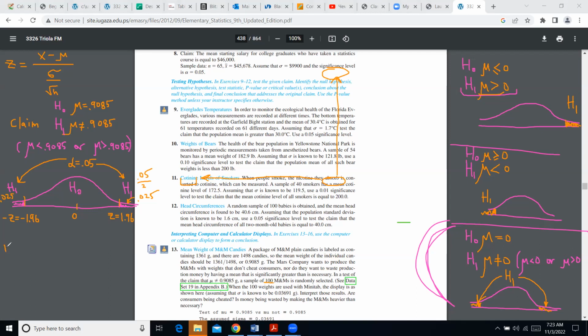So sample size is 100, that's n. Then you also calculated the standard deviation here. And also we calculated the mean there. And the mean for the sample, I guess, was, what was the mean here?